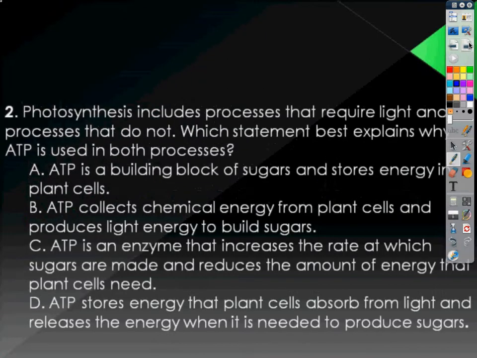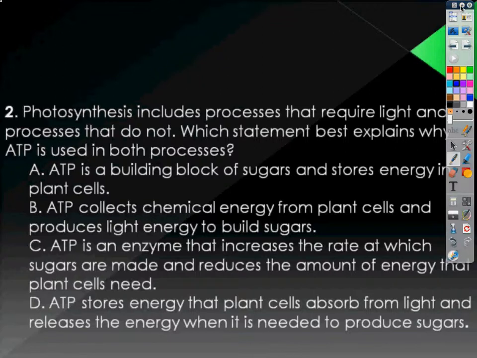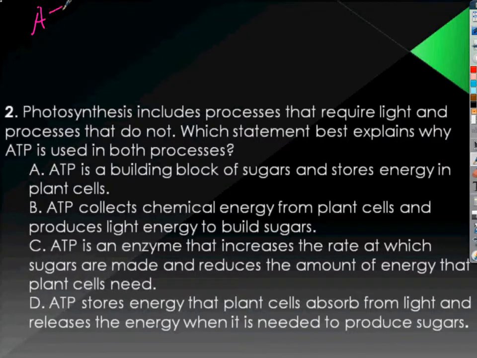All right, looking at our number 3 here. It says photosynthesis includes processes that require light and processes that do not. Which statement best explains why ATP is used in both processes? Well, we go back to question 1. ATP equals energy.